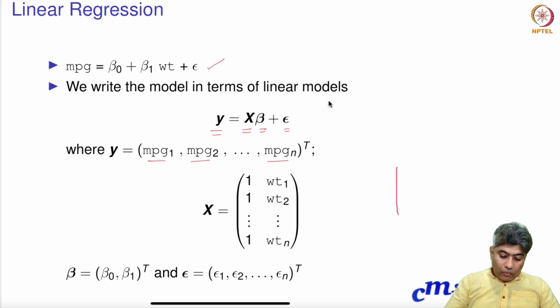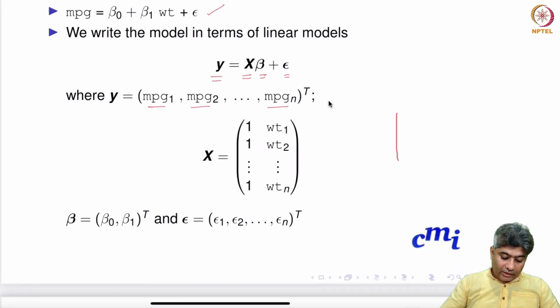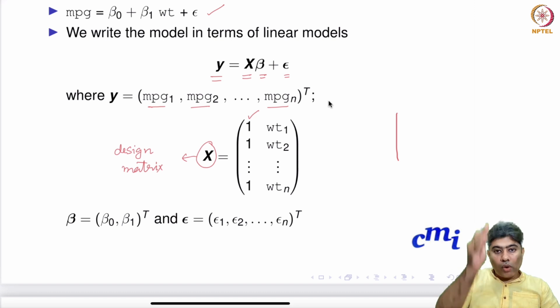Now x has two columns. This is typically called the design matrix, and the first column is all ones.